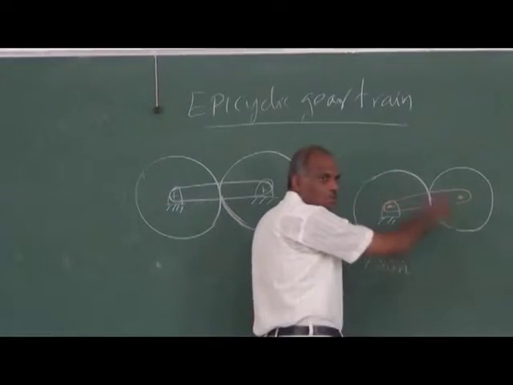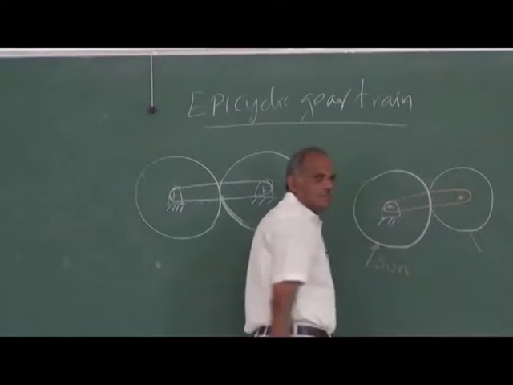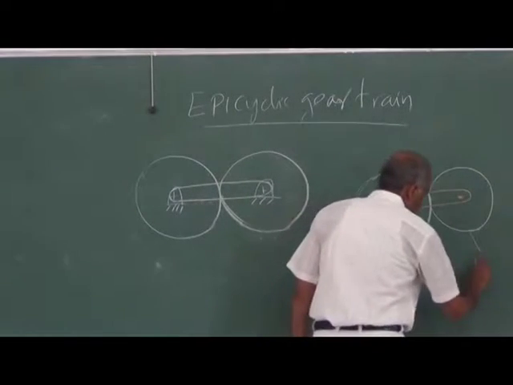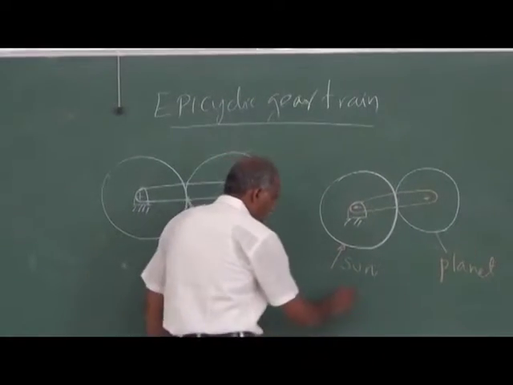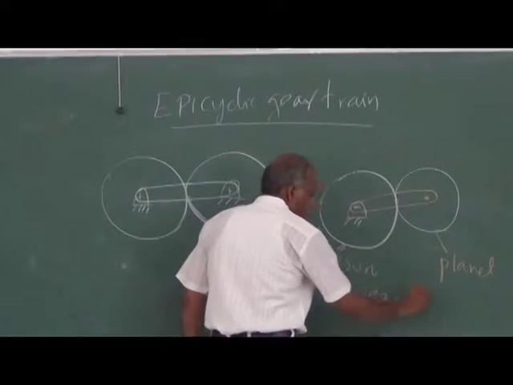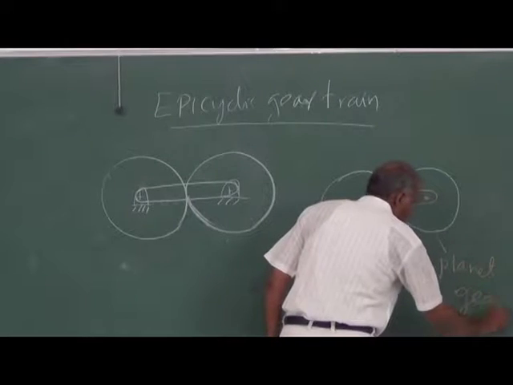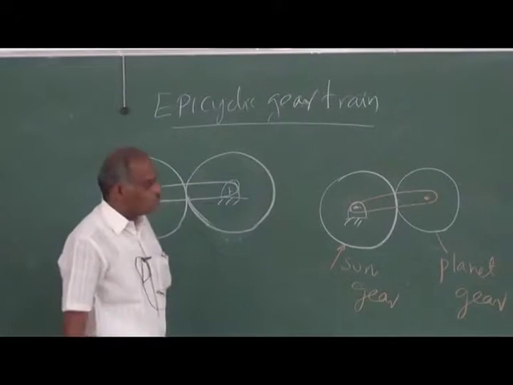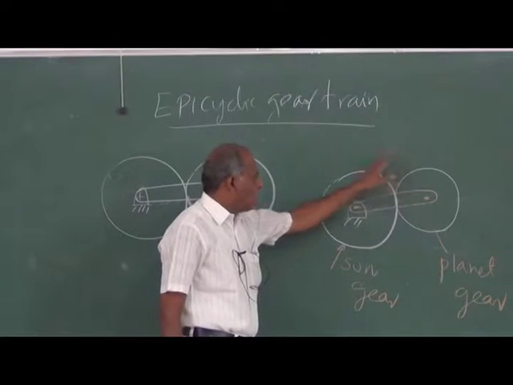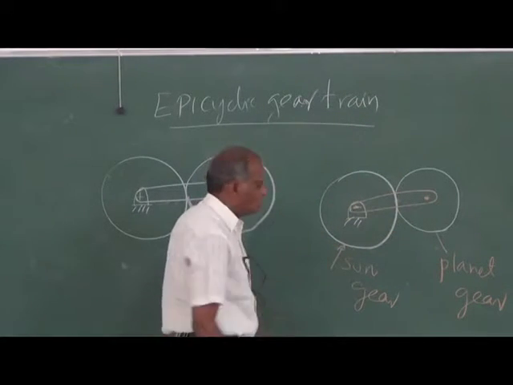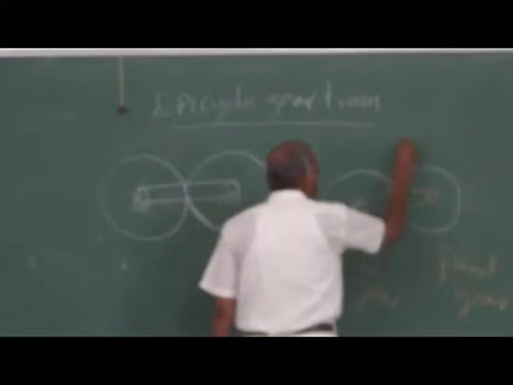This gear which goes around is called a planet. So this is called a sun gear. This is called planet gear. The one which connects this and carries the planet gear around is called arm.